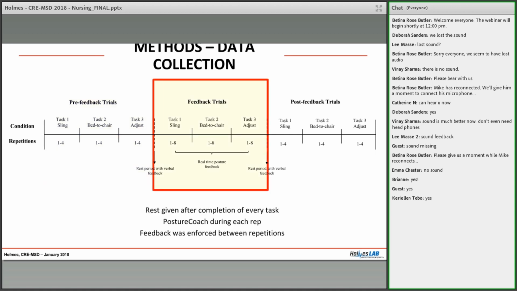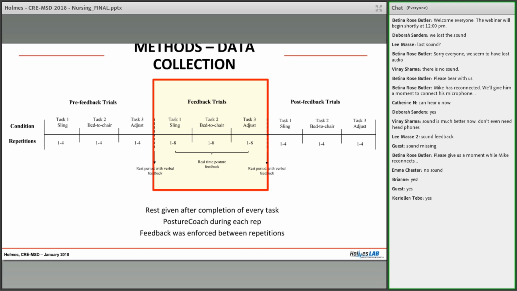Then for the feedback trials, the participants performed the same 3 tasks. This time we increased the number of repetitions to 8, and the PostureCoach system was turned on. So there was this real-time feedback component given during each of the repetitions of the lifts. And in between, during repetitions, we had a research assistant that would provide cues as well.